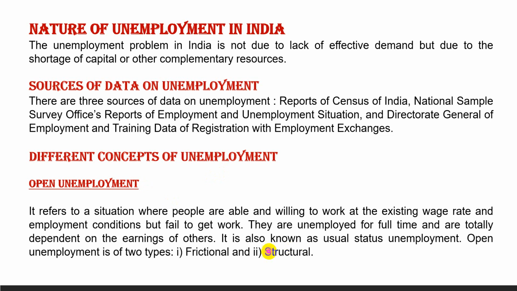Next is structural unemployment. Structural unemployment is the unemployment that occurs due to structural changes in the economy. Structural changes are of two types: changes in technology and changes in the pattern of demand.